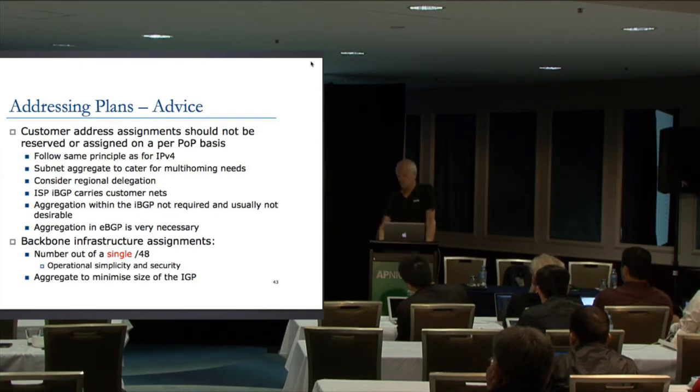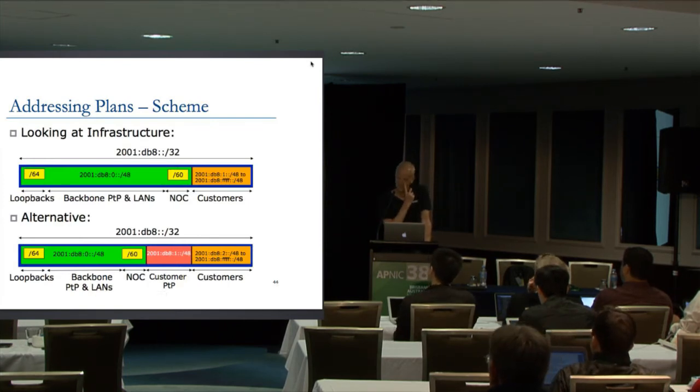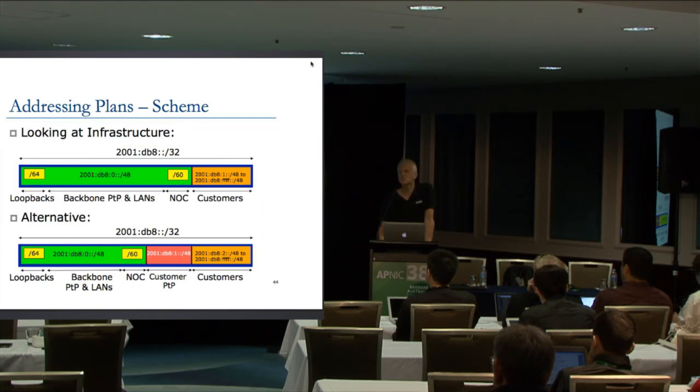Looking at the infrastructure, it could be something like this: the first /48 for infrastructure, so the loopbacks take the first /64, maybe we've put the NOC in the final /64, and then the rest goes to customers. Or maybe we've included customer point-to-point links as well. Some other operators do it the other way around, because they say, well, everything is automated now for deploying addressing on the routers, so I don't need the short addresses.